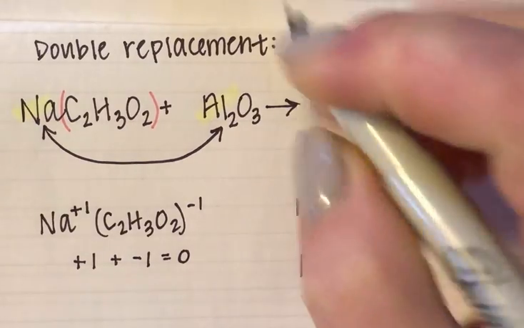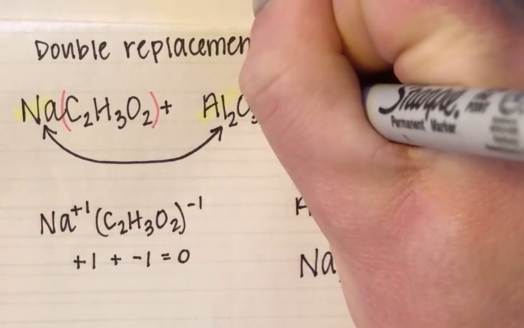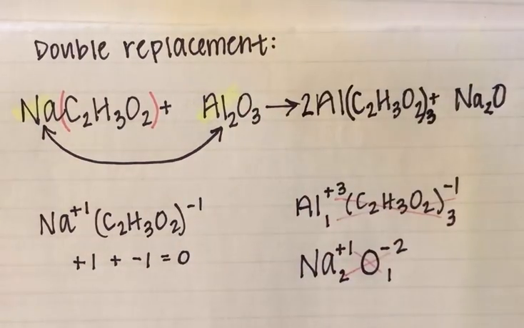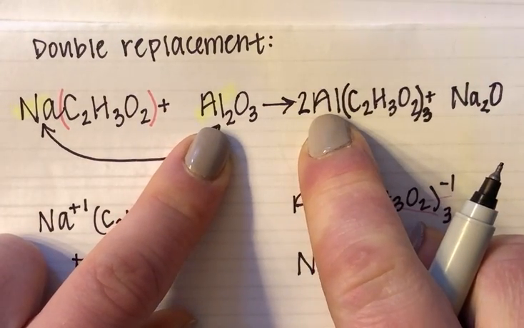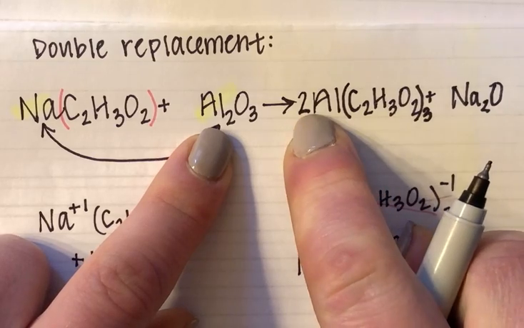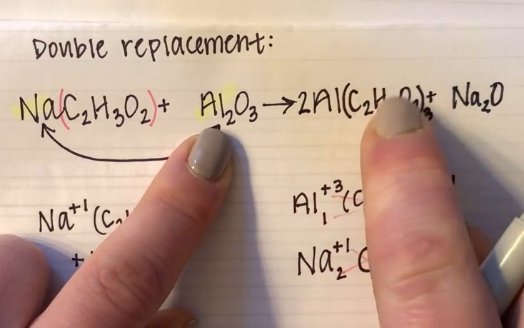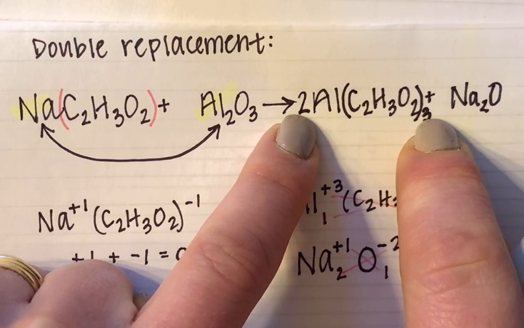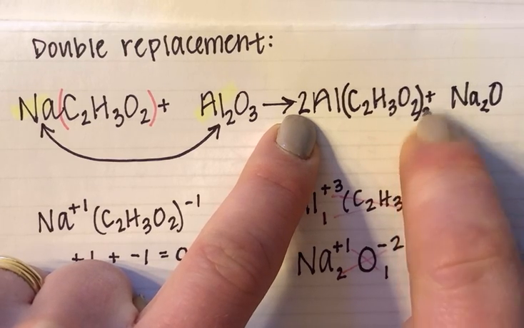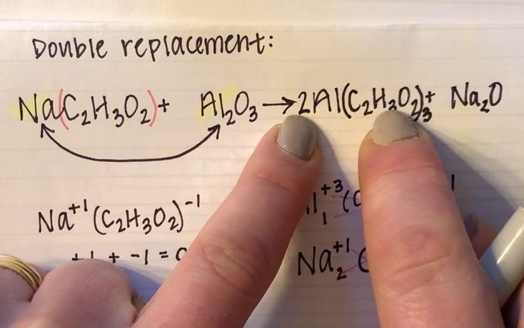So if we have 2 aluminum here, we should put a 2 out front of the aluminum on the product side. That way we have 2 reactants of aluminum and 2 products of aluminum. What that does is it also applies to this acetate. So 2 times the outside 3 tells me that I have 6 total of this acetate polyatomic ion.